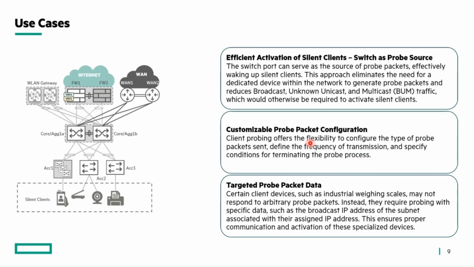Only then will those devices be able to respond properly and wake up. To help those specific devices, this feature will really help. You can send targeted probe data to those devices and wake them up. It is the flexibility we provide for specialized devices as well.